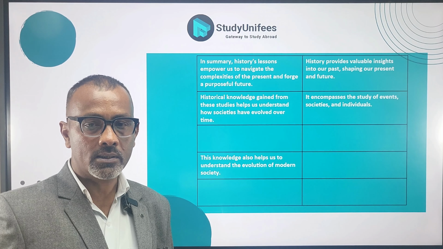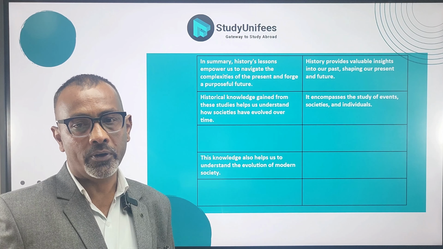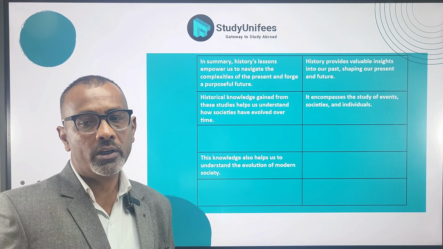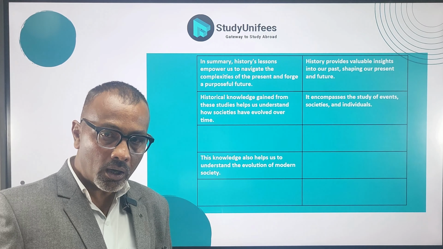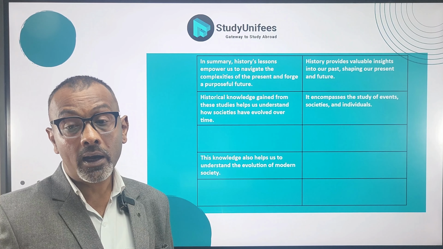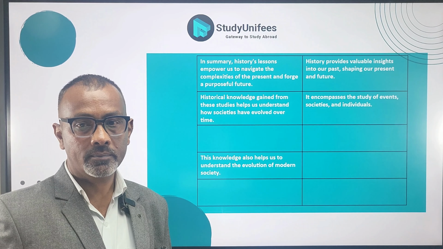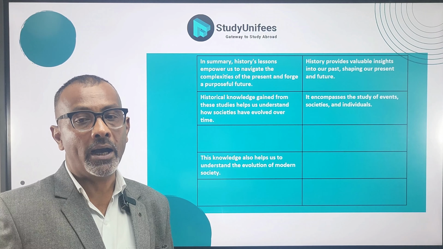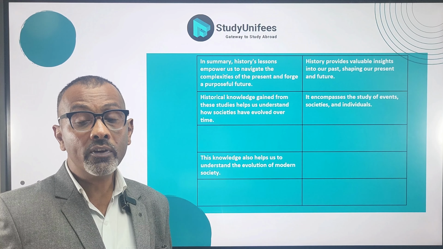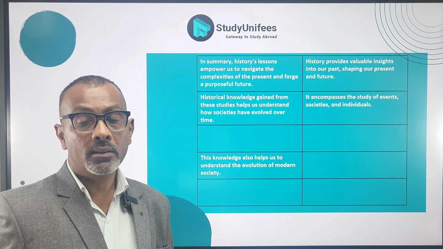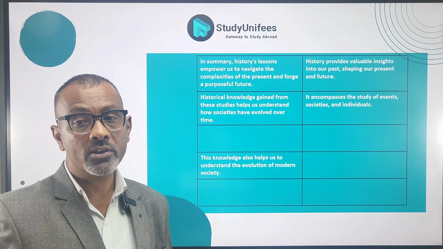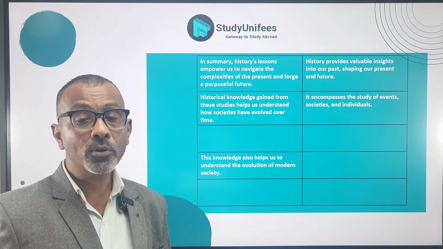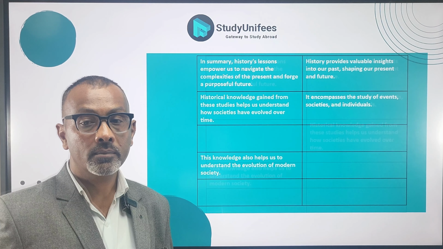The first sentence, starting with in summary, will not match in the third place because writers do not summarize in the middle of a paragraph. The second sentence is a perfect match because it refers back to studies. The second sentence mentions study, and so we will put this in the third slot.